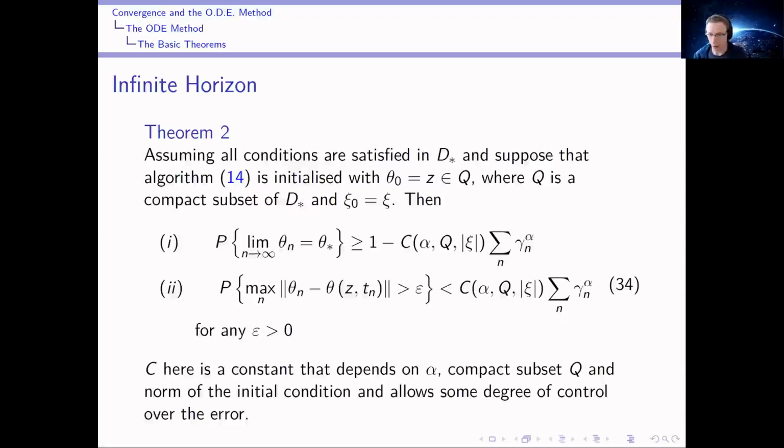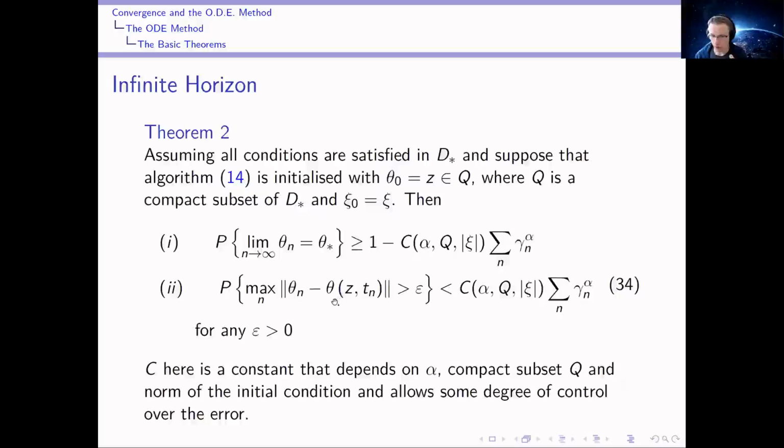So part one refers to a special case of error control with respect to the unique stationary point of the ODE. And then part 2 gives control over the error with respect to the ODE itself.